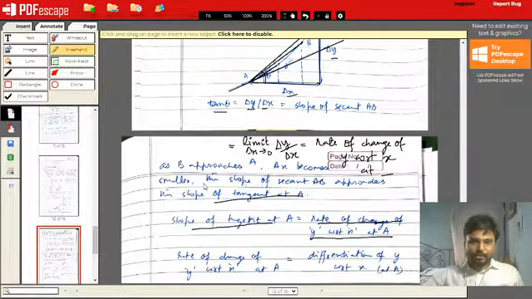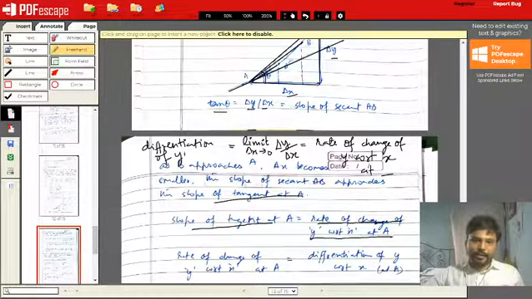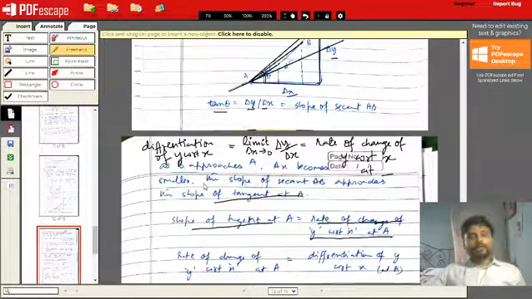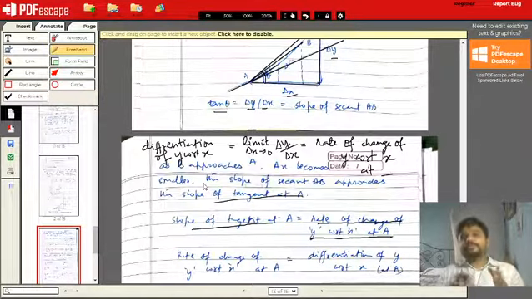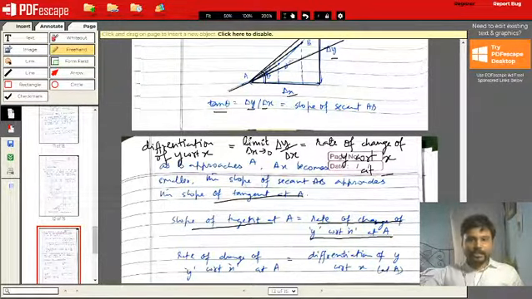And this is called the differentiation of y with respect to x. So in conclusion, what is differentiation? Differentiation of y with respect to x is actually finding the rate of change of y with respect to x, and it is equal to this expression.